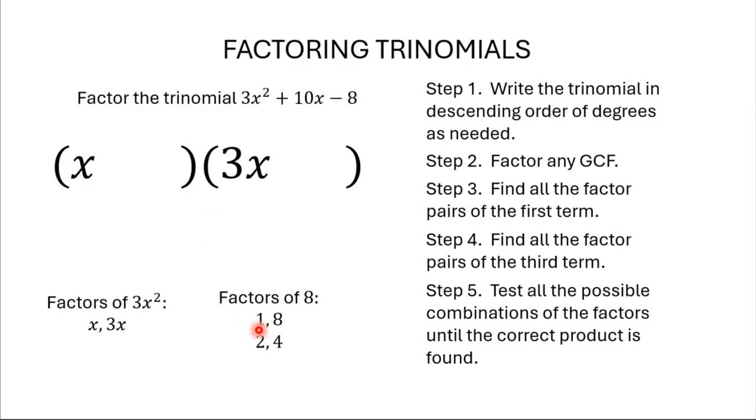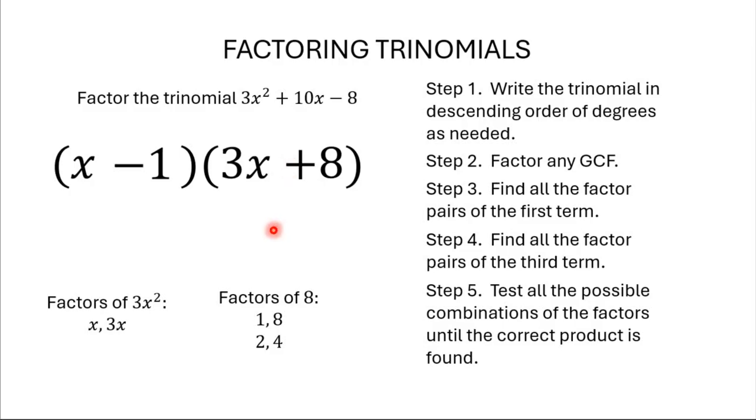So when I use the 1 and the 8, one of them has to be negative and the other one positive. They have to have opposite signs because the constant is negative. So anytime you have a negative constant, you know that you'll have 2 opposite signs, or one sum and one difference for your binomials. So your binomials will have opposite signs in the middle of them.